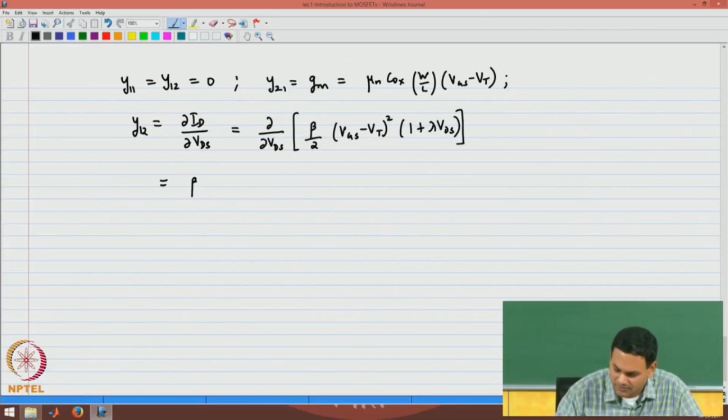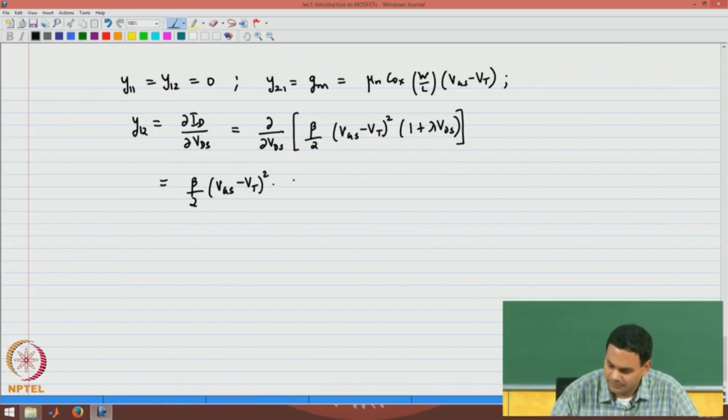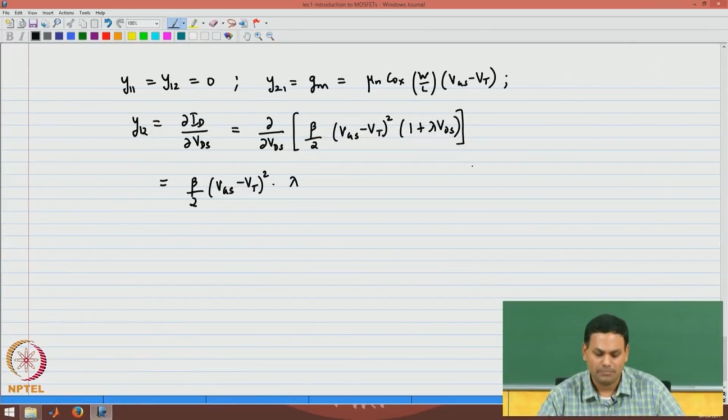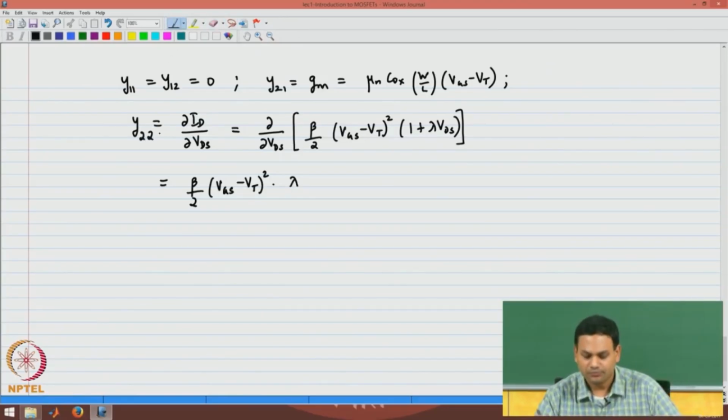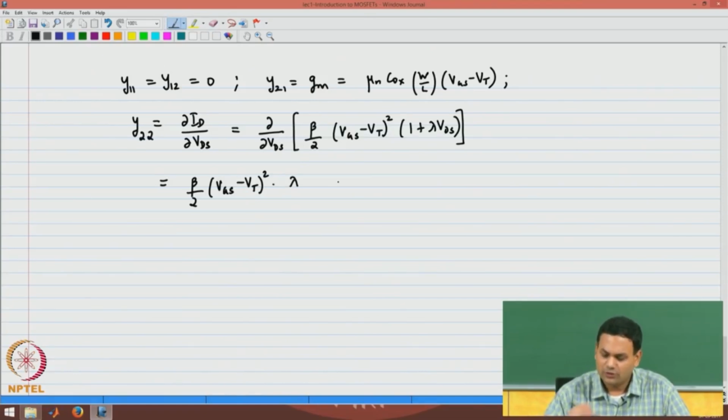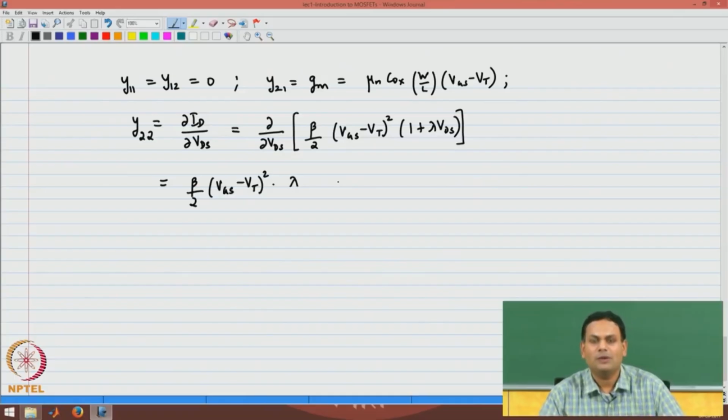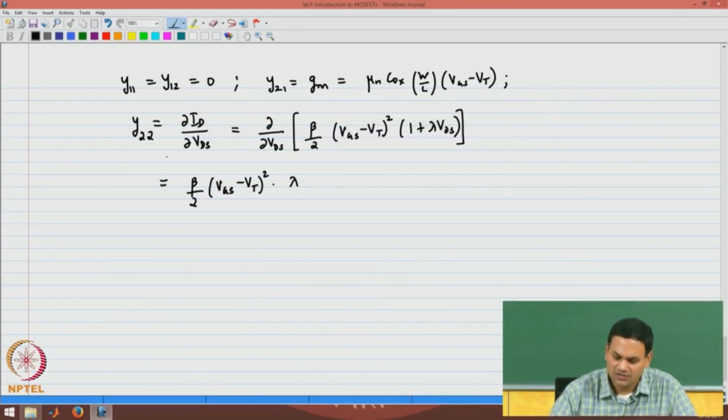This is beta by 2 into Vgs minus Vt the whole squared into lambda. I am sorry, this should be y22, into lambda.